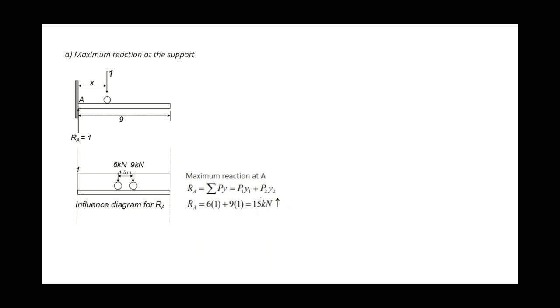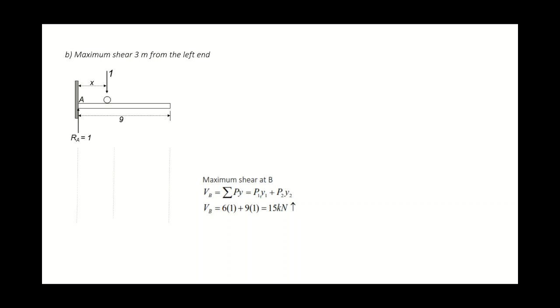Now, next, for the shear, 3 meters from the left end. So, sabihin natin andito. 3 meters. Diba, ganito, shear. Now, yung point from the support, papunta dun sa point, sabihin natin B, this is 0, diba?